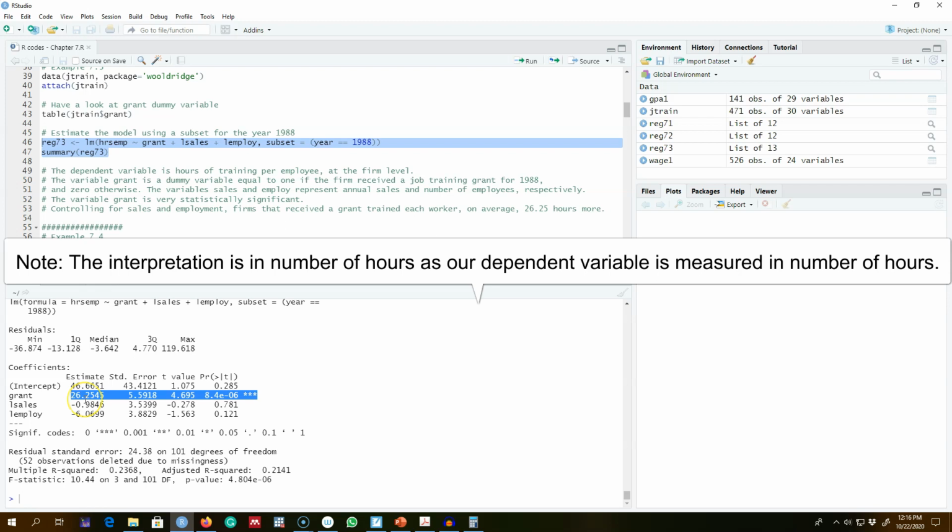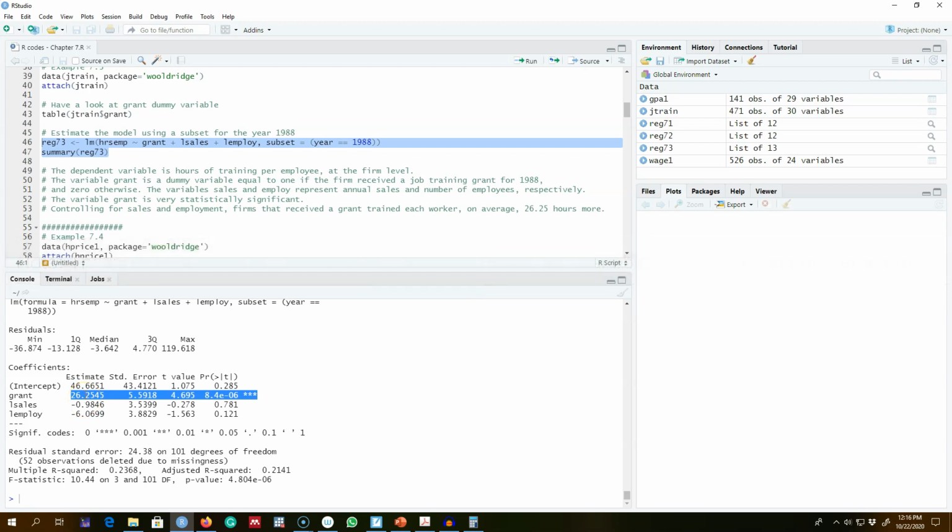So make sure that you interpret this coefficient right, because we have to interpret this coefficient in relation to the omitted category, and in this case, that is the firms that did not get this grant. Again, this effect is 26.25 hours more training for the firms who got that grant as compared with the firms who did not get this grant. And this effect is statistically significant as well.